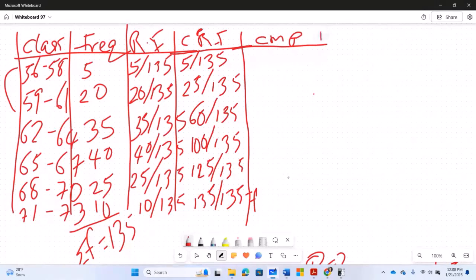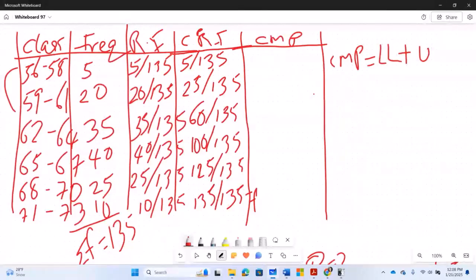We could be told to create this column for all these classes. Remember, the class midpoint is always the lower limit of each class plus the upper limit of the class divided by 2. So lower limit plus upper limit divided by 2.